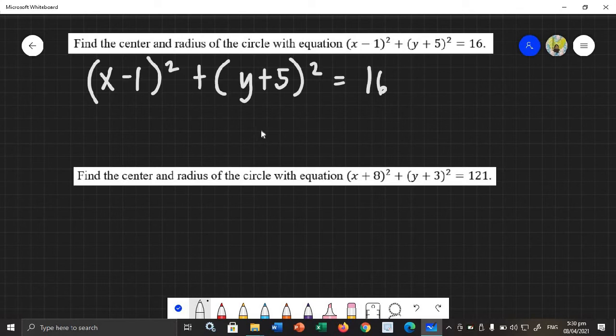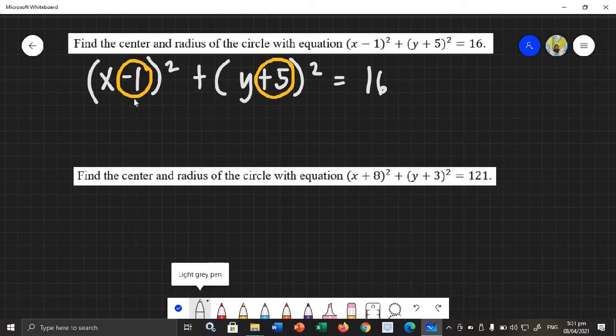Now, para mas mapabilis tayong mahanap yung center and yung radius, what I wanted you to do is to get the reverse sign of h and k. As we all know, yung katabing term ng x dito sa equation, this is your h, di ba? This is your h. And yung katabi naman na term ni y, that is your k. So, kunin nyo yung reverse sign nila.